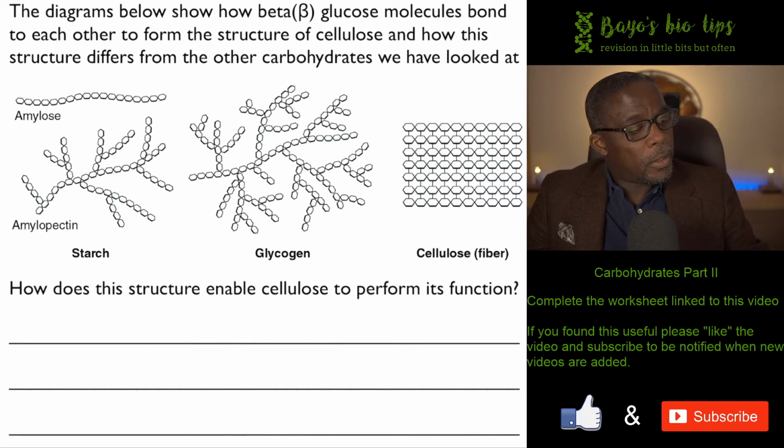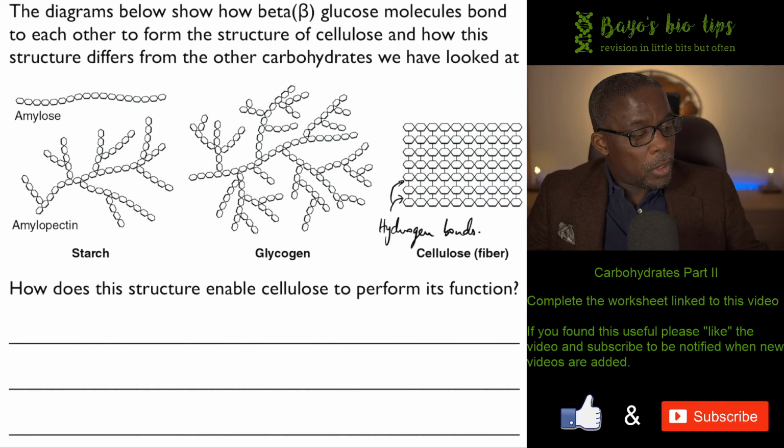And then finally, you can see that cellulose is really quite different from both of them. Cellulose, on the other hand, is just made up of chains stacked one on top of each other and held together by hydrogen bonds. So if you look there, in between each of these chains, you have hydrogen bonds. And those hydrogen bonds hold the structure together.